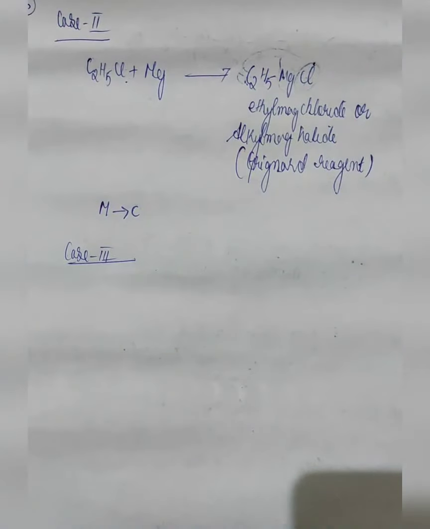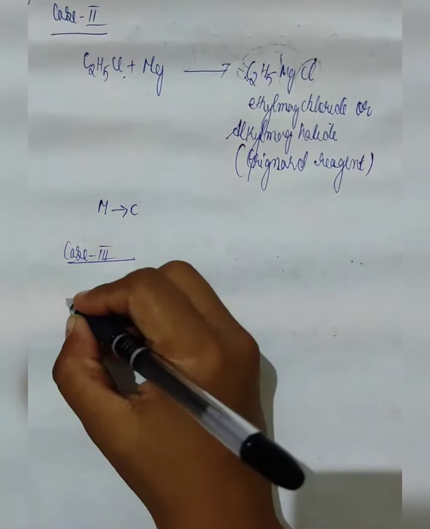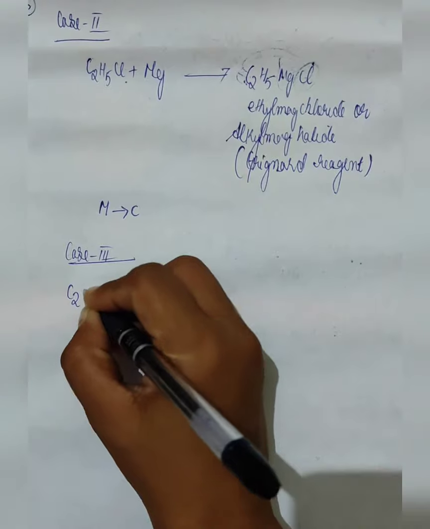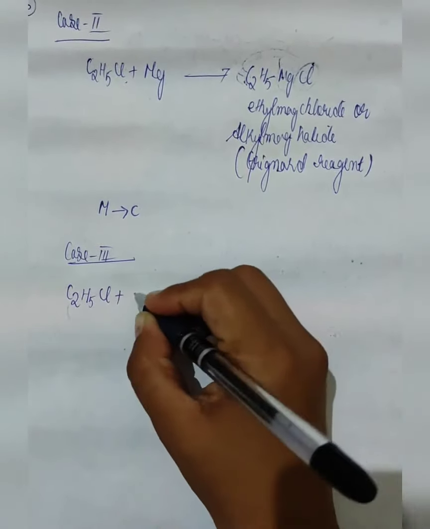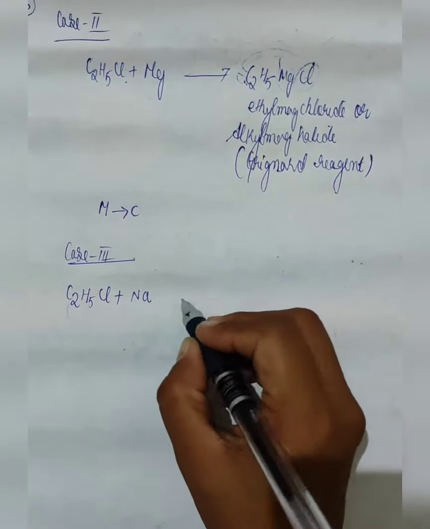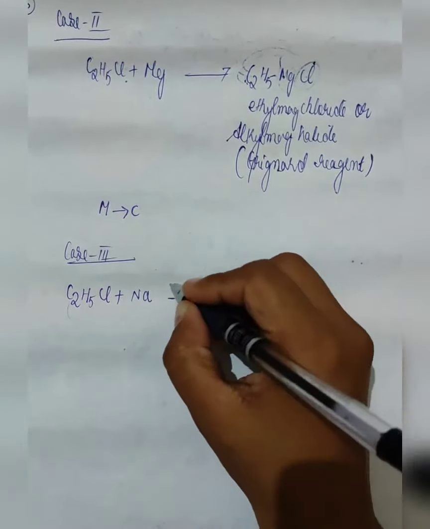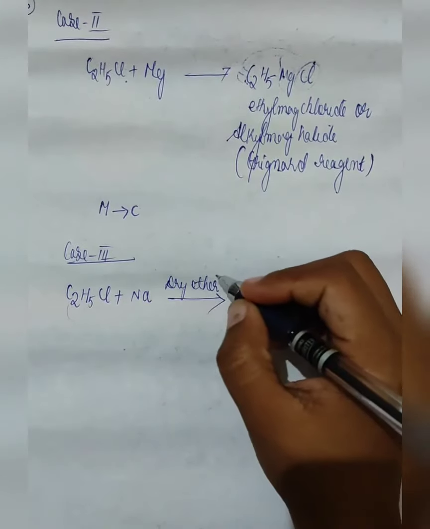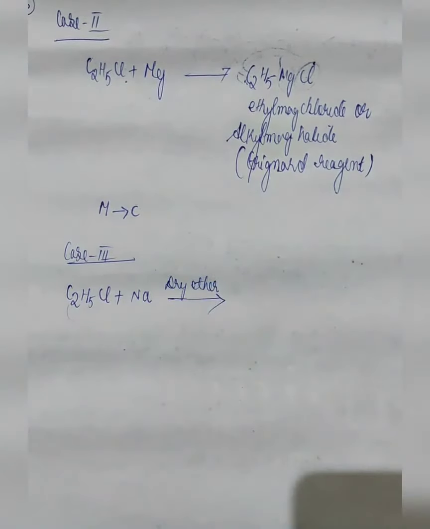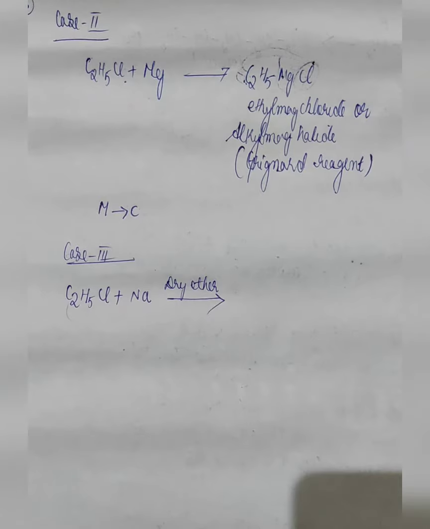where haloalkane reacts with sodium in presence of dry ether to form alkane as the main product.